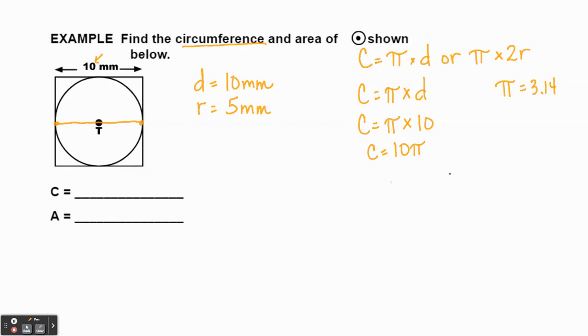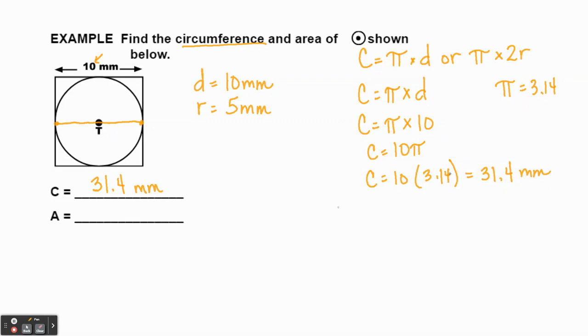If your question asks you to leave the answer in terms of pi, you would leave this. However, many times we're asked to use that 3.14 for pi. And so we can make that substitution here and multiply that to get 31.4 millimeters. Now remember, circumference is the perimeter of the circle. So we get just the standard units there.